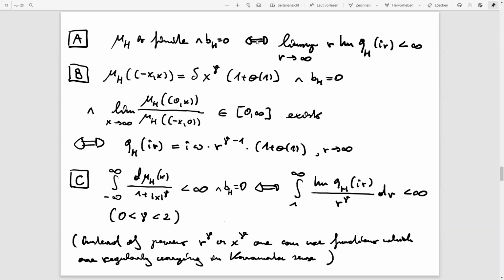The second equivalence here is maybe one should read first the right side of the equivalence. So this deals with the asymptotic behavior of the Weyl function. So here, if we move upwards on the imaginary axis, then the Weyl coefficient behaves like a power asymptotically. Some constant, this omega, this is some non-zero constant, and gamma is some exponent. Yeah, so it behaves asymptotically like a power, and this is equivalent to the measure also behaving asymptotically like a power in the sense which is written up there.